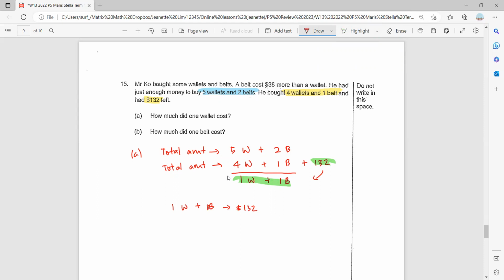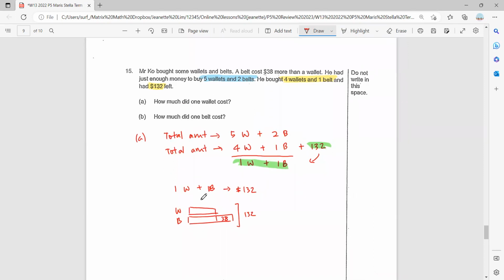Now, the question also said that a belt costs $38 more than a wallet. Okay, so wallet, belt costs $38 more than the wallet. One wallet and one belt cost $132. So how much does one wallet cost?